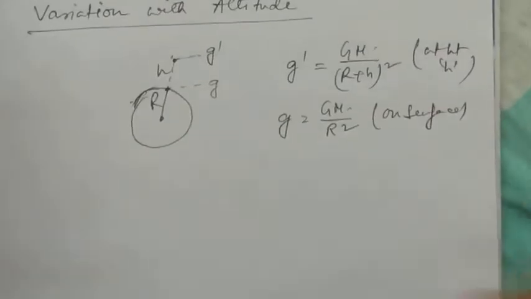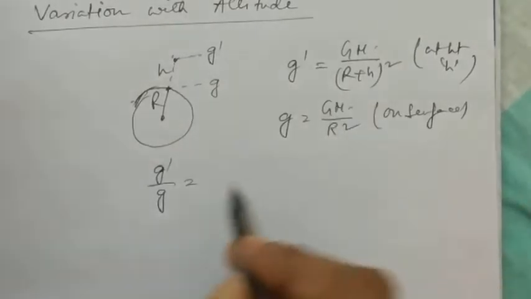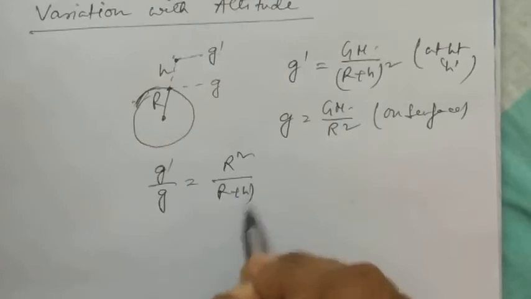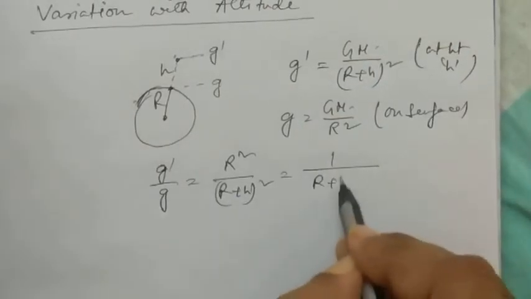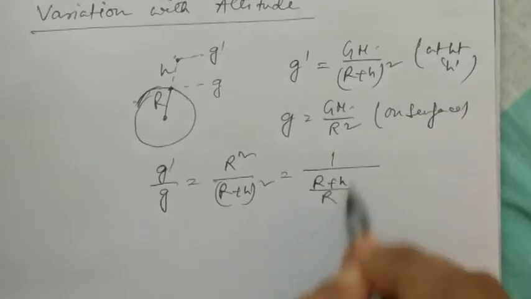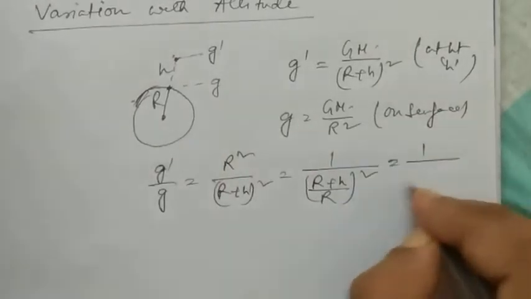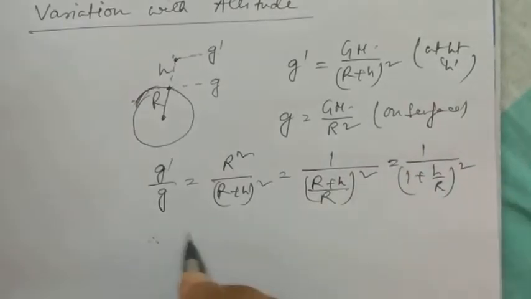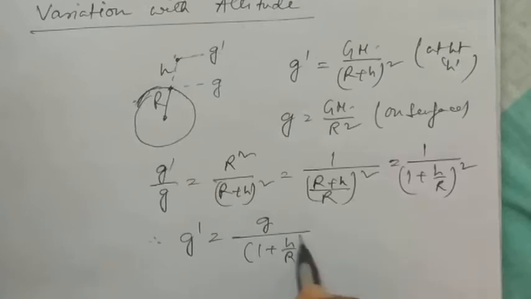Now taking the ratio g dash by g, GM gets cancelled out, and it will be R square by R plus h whole square. Taking R square to the denominator, we get 1 by 1 plus h by R whole square. So g dash is equal to g into 1 plus h by R whole square.